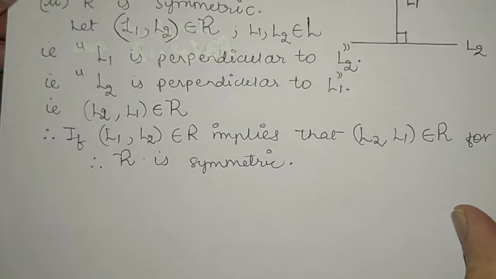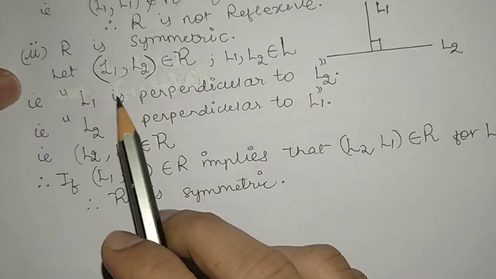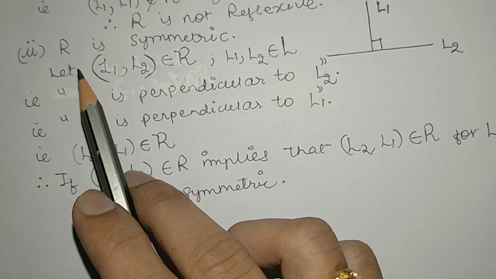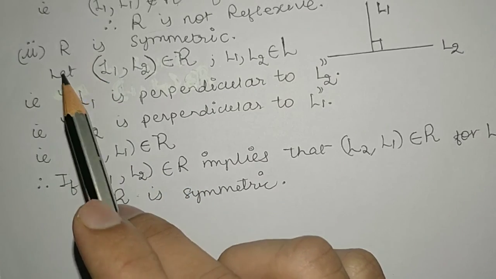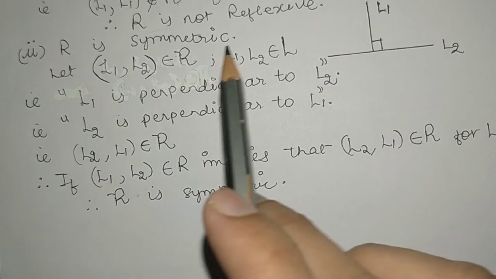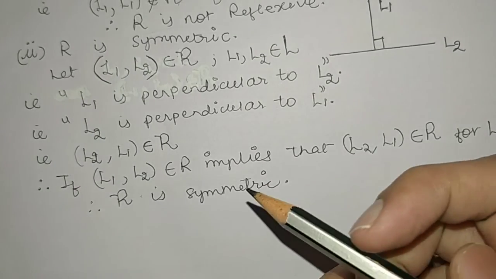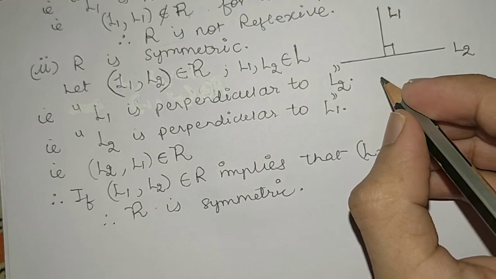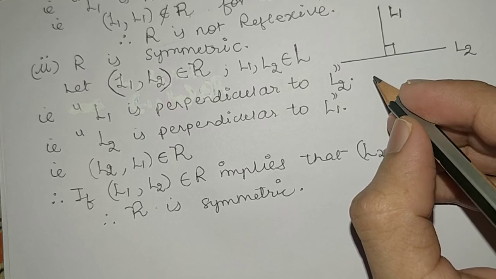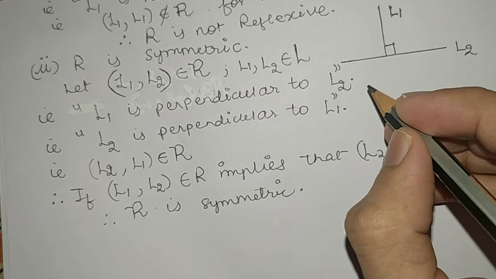Now let us look at the second thing that we have to prove. So we have to prove that R is symmetric. What do we have to do when we have to prove that a relation is symmetric?